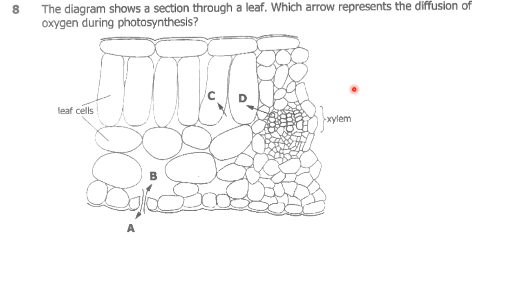So oxygen is a product of photosynthesis. So here we'll be looking for the arrow which is showing out, and our answer here will be A, since oxygen will leave the leaf during photosynthesis.